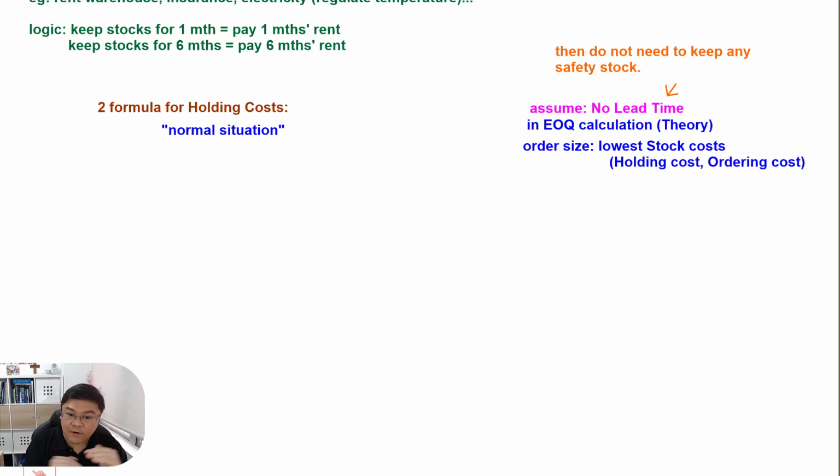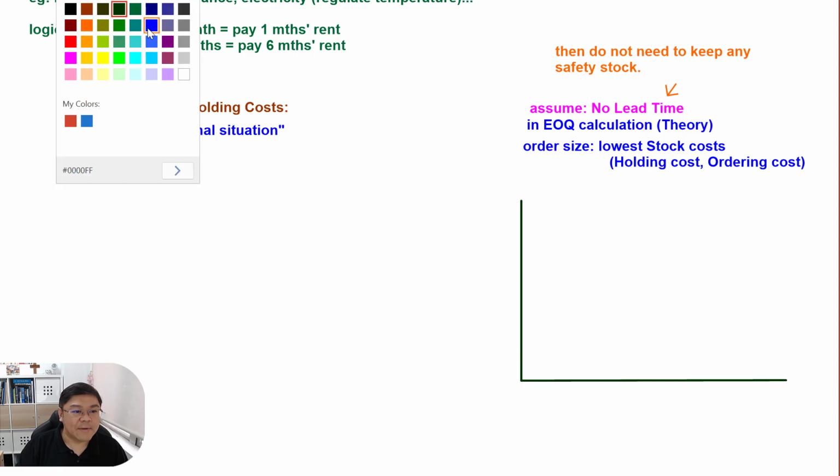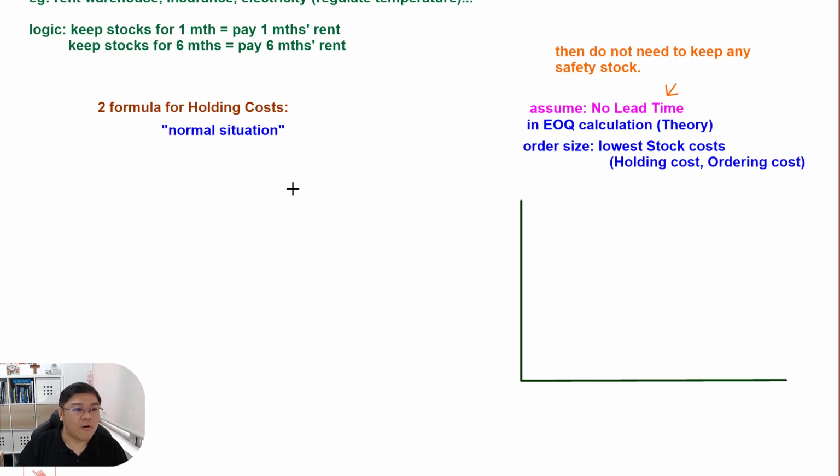We will have a reorder level, and then we place an order when the quantity reaches the reorder level. Then while we are waiting for the goods to arrive, the stock will continue to fall. So just to remind you again, I need the non-dotted line.